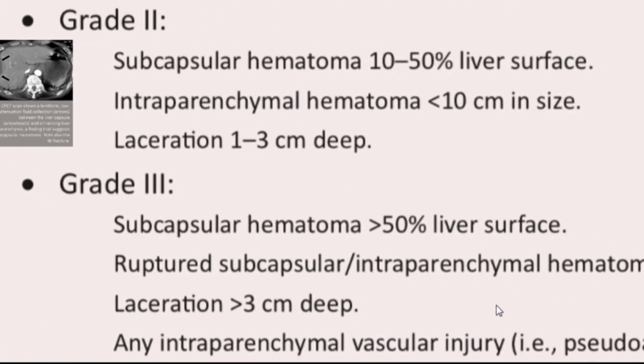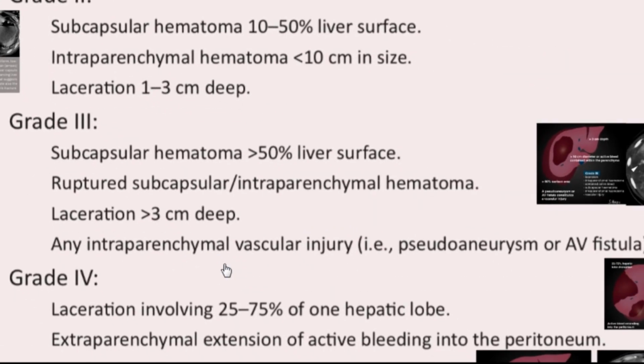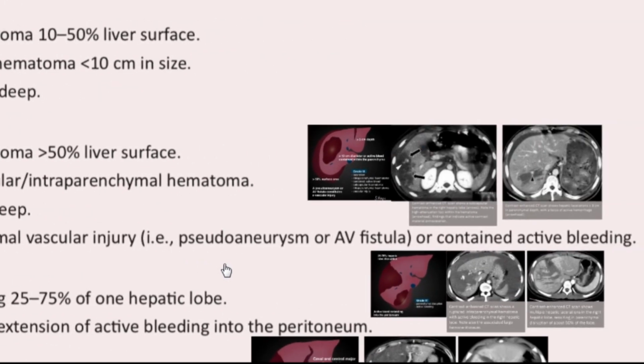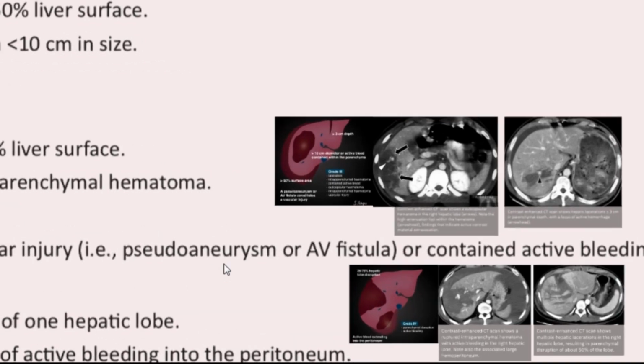So moving on to the grade 3, it's when we have subcapsular hematoma where more than 50% of the liver surface, or when we have a ruptured subcapsular or intraparenchymal hematoma, okay? Or when the laceration is more than 3 cm deep, any intraparenchymal vascular injury, whether it was pseudoaneurysm or AV fistula, so it's contained active bleeding, confined still in the liver.